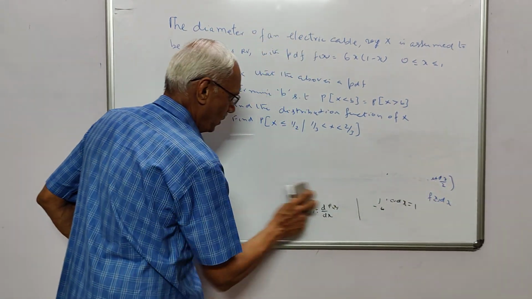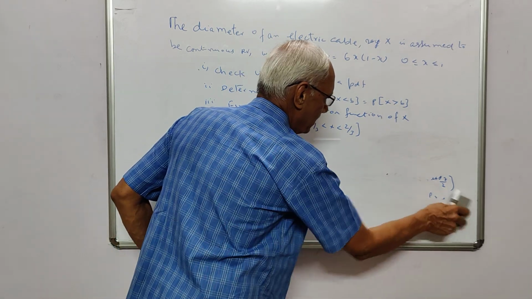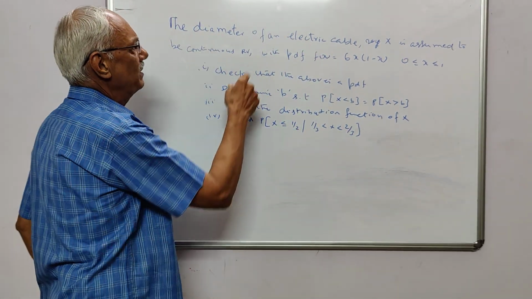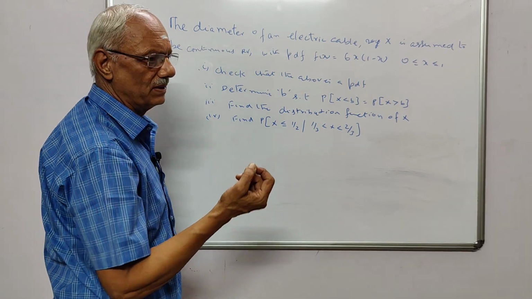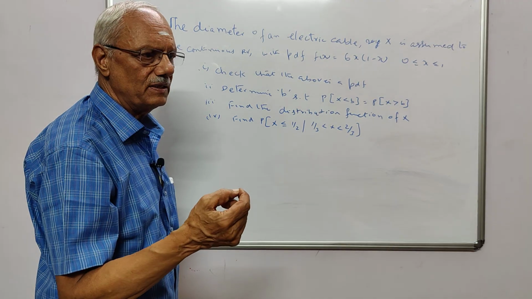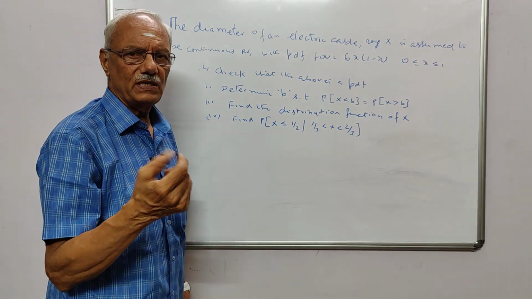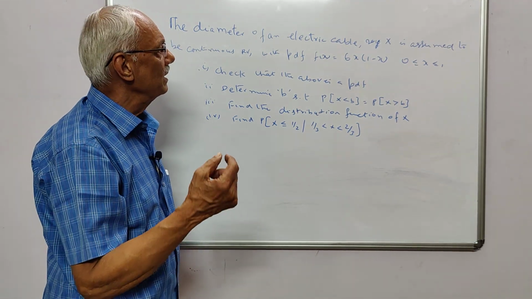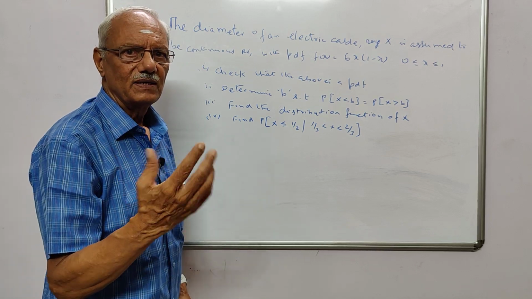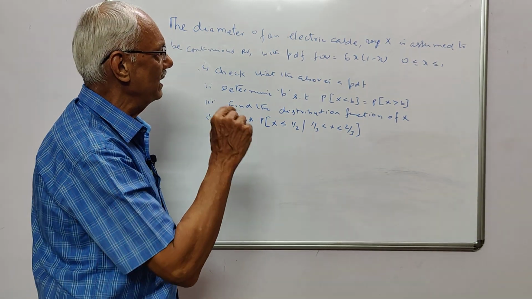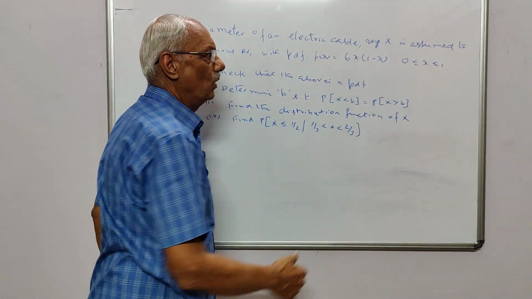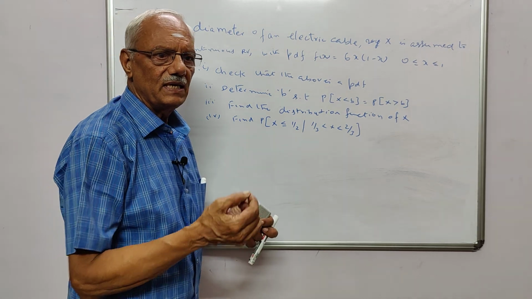What is given here? It is given that the diameter of an electric cable, and the diameter means twice the radius, is a random variable, in that electric cable, which is of length 0 to 1.